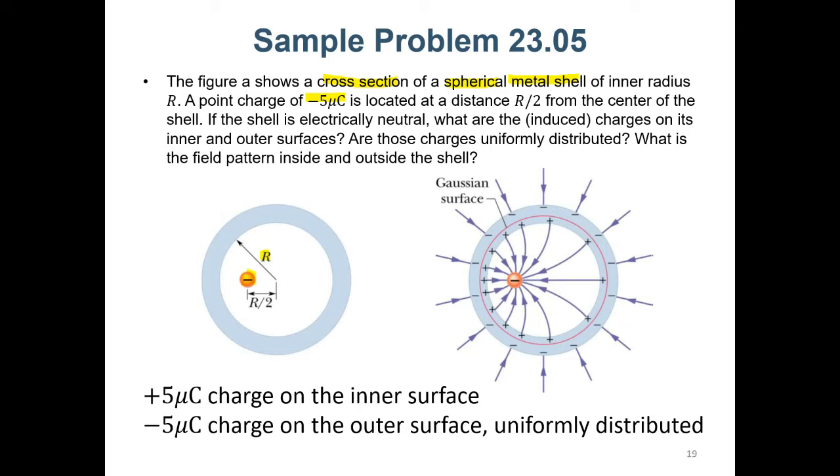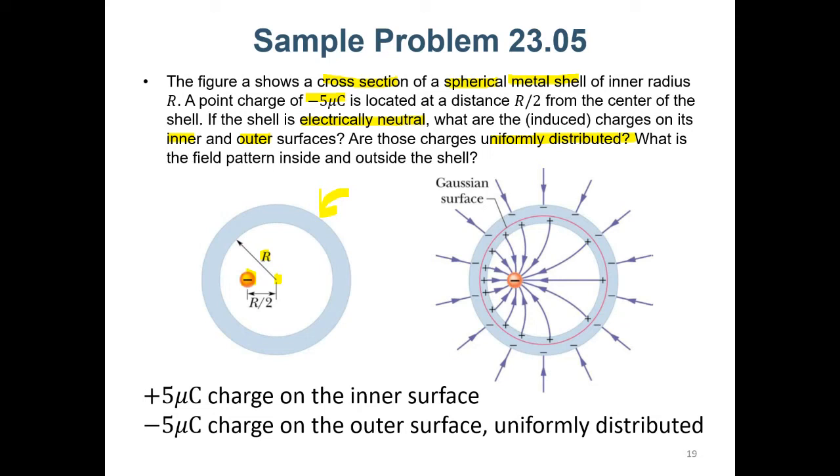It is not actually placed at the center; this is the center. If the shell is electrically neutral, so there is no net charge on this shell, what are the induced charges on its inner and outer surface? Are those charges uniformly distributed? What is the field pattern inside and outside the shell?